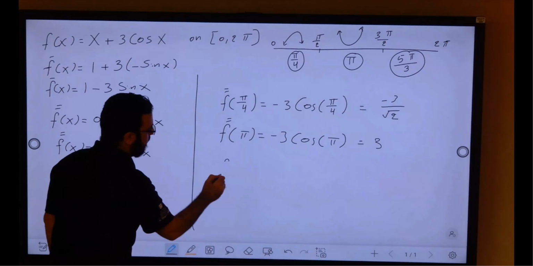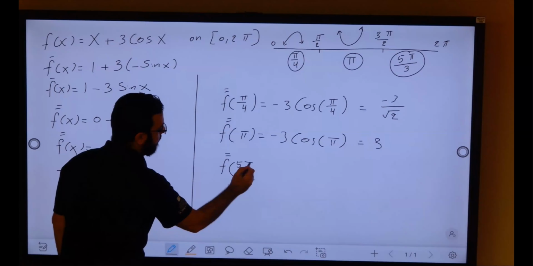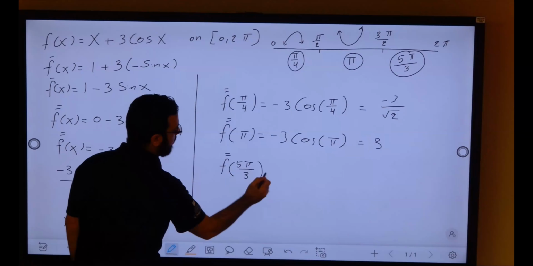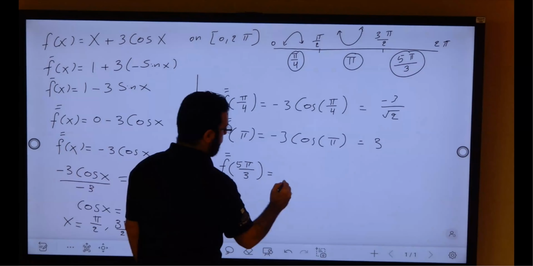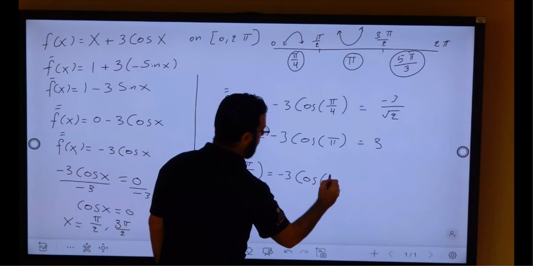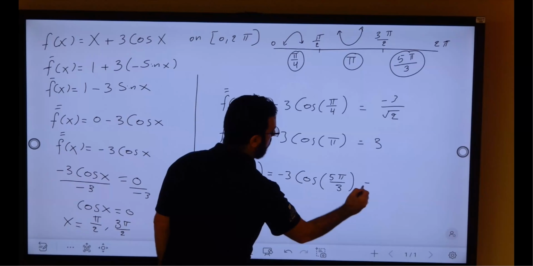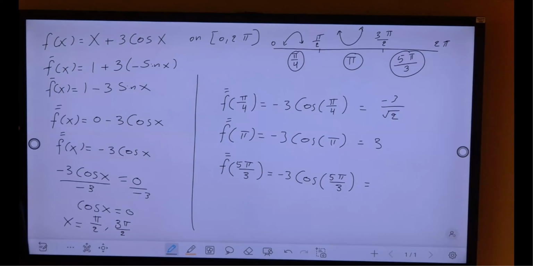Now f double prime at 5 pi over 3 is going to be equal to -3 cosine 5 pi over 3, which is equal to... Cosine 5 pi over 3 means cosine 60.